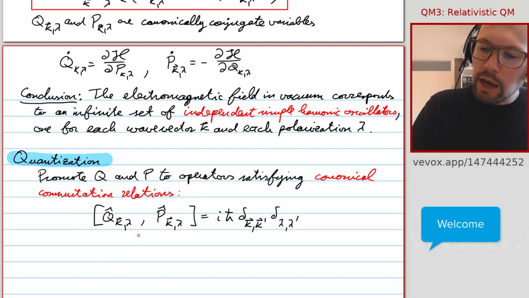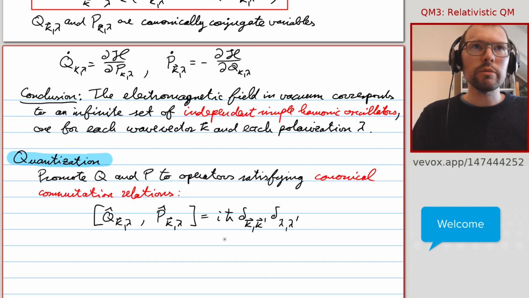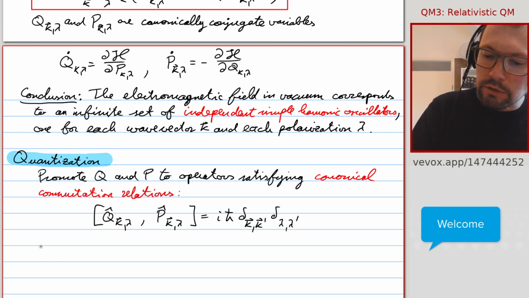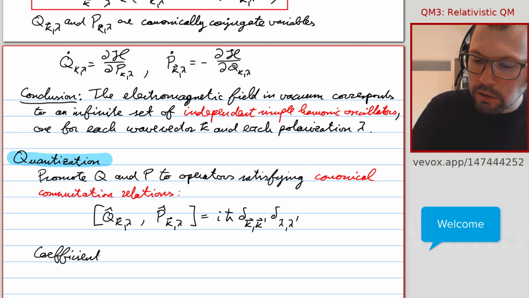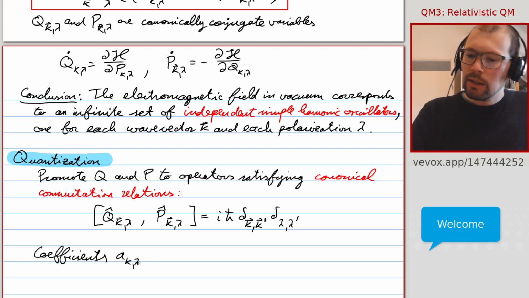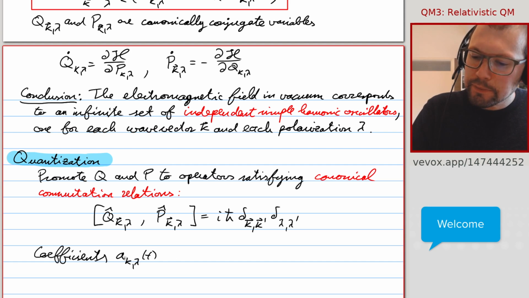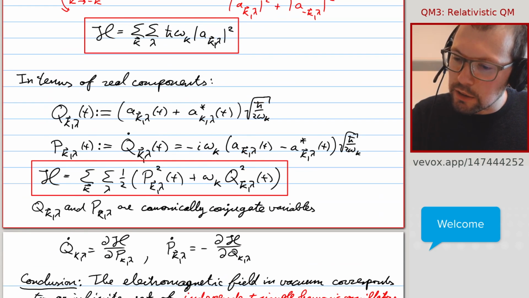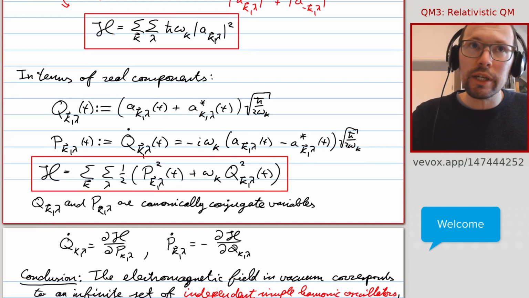But if we know what happens to these Q and P operators, then we also know what happens with the coefficients themselves. So the coefficients A_{k,lambda}. Let's write down the explicit inversion of these two equations, solving for A_{k lambda}.